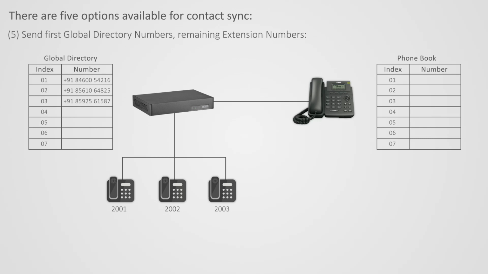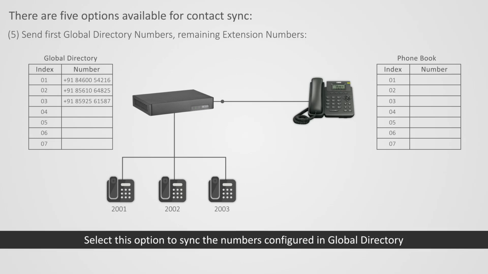Fifth, send first global directory numbers, remaining extension numbers. Select this option to sync the numbers configured in global directory in the phone book of SPARSH VP110 first, and then send extension numbers of PRASAR UCS in the remaining capacity.